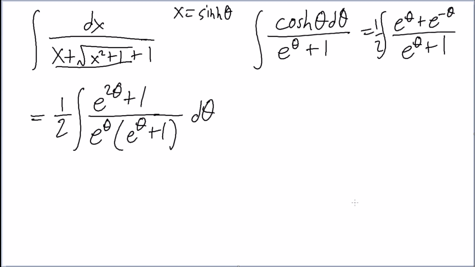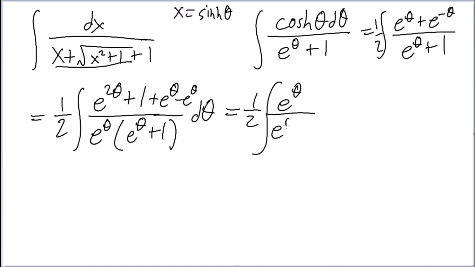Okay. And now I have a choice. I have a good choice, actually. I'm going to do plus e theta minus e theta. Now, what this is going to do is, well, this first term here gives me e theta over e theta plus 1. This here, I just get e negative theta.